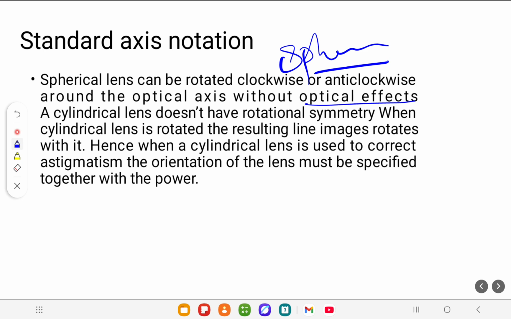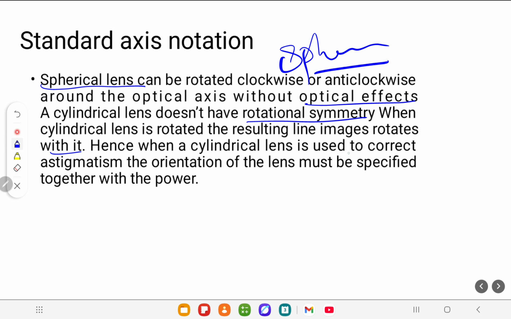A cylindrical lens doesn't have rotational symmetry, because a spherical lens has rotational symmetry. We don't care how you rotate spherical lenses, but the cylindrical lens does have rotational asymmetry. So when a cylindrical lens is rotated, the image rotates with it, because the image always forms along the optical axis.